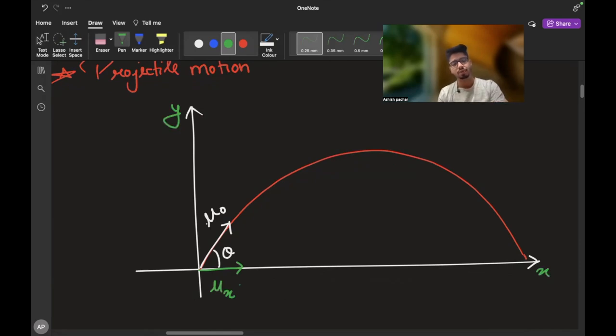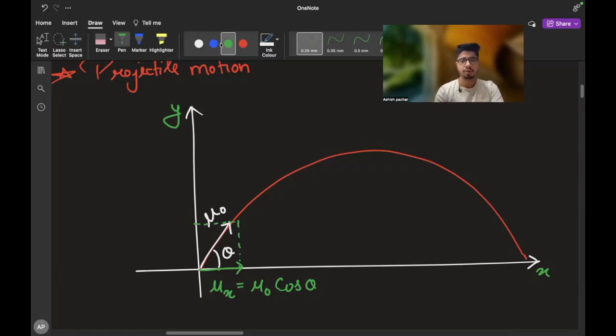In the horizontal direction it comes out to be u naught cos theta, because this is the adjacent side and u naught is the hypotenuse.